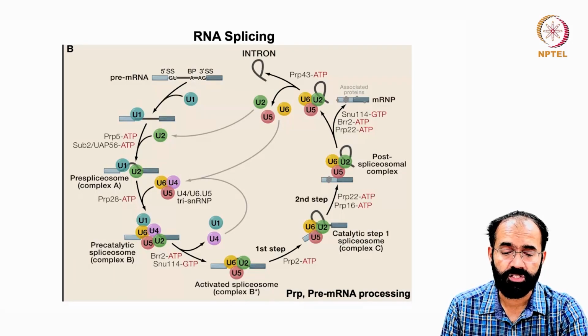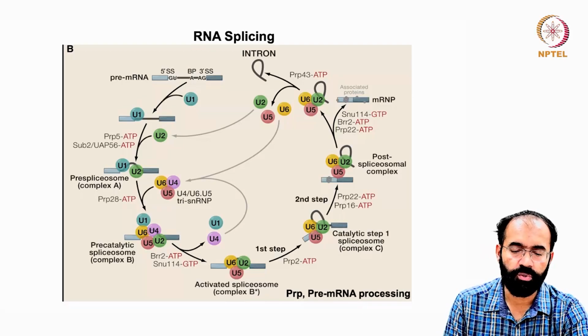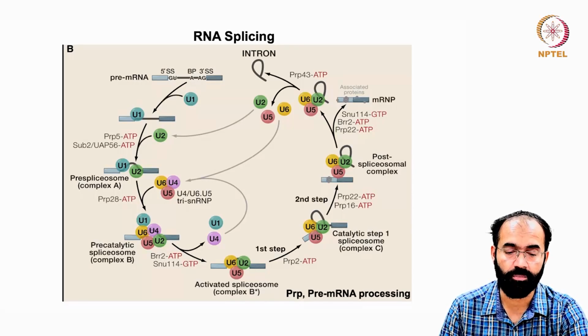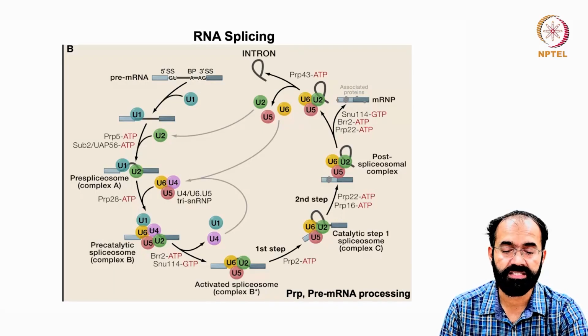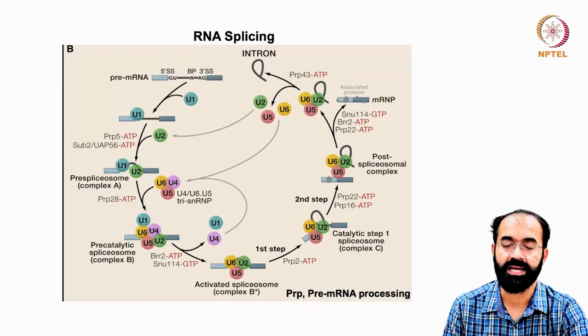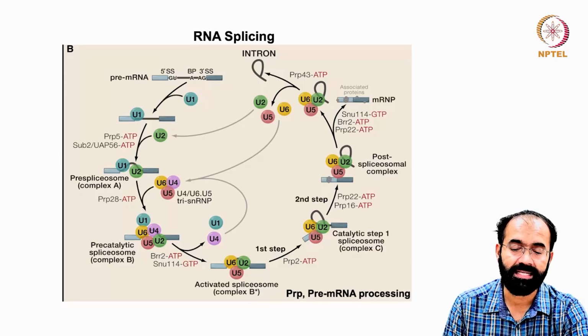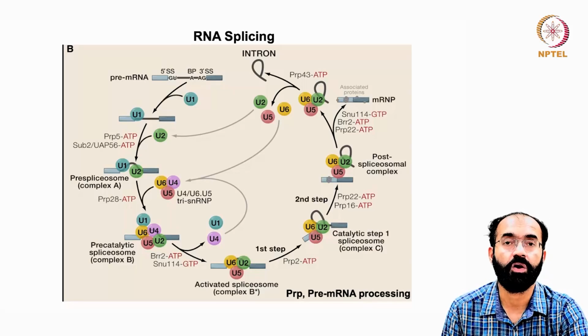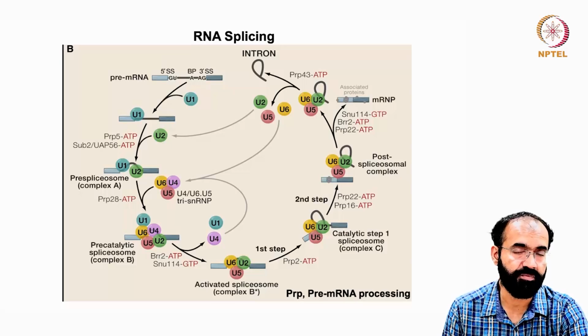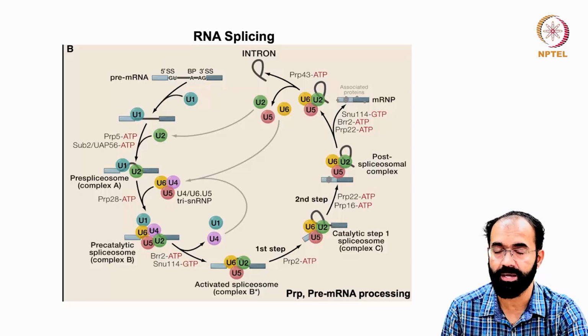Once U1 and U4 are lost, you have U2, U6 and U5, and this is called the activated spliceosome, that is complex B star. It is an intermediate complex, and this proceeds into the first step of the transesterification reaction, and in this it has PRP2, another ATP-utilizing enzyme, and then you have the catalytic step of the spliceosome, which we call complex C. Once complex C is formed, that means the first transesterification reaction has happened between the branch point and the 5' splice site.